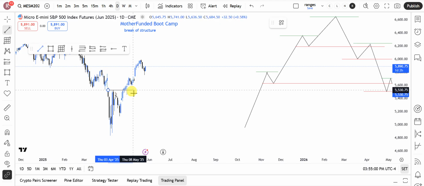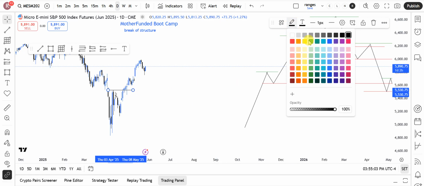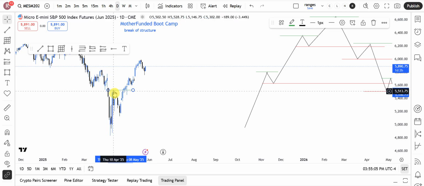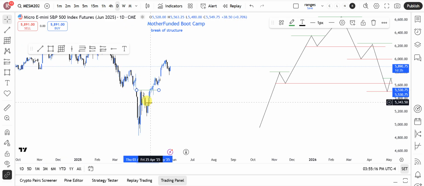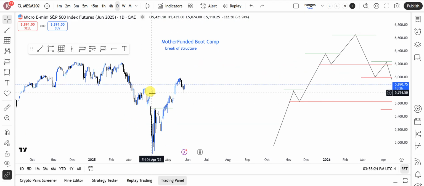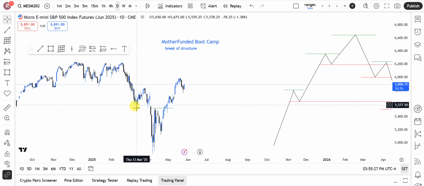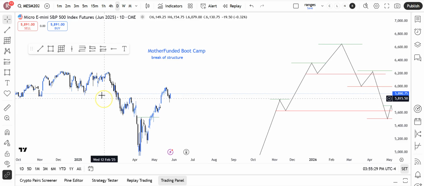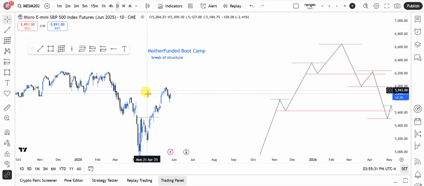Which candle has a body that closes above this line? Right here. Boom. Exactly. So right here would be the break of structure for this leg. And now we can start looking at potential upside targets. Like I said, target old swing highs, and relatively equal swing highs.